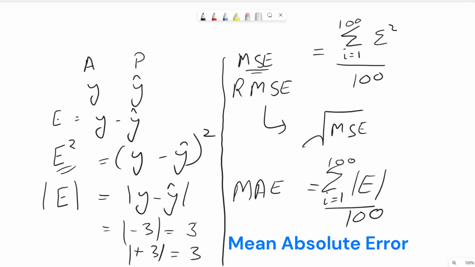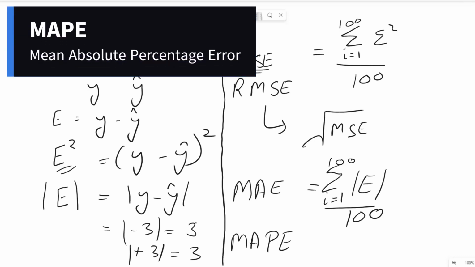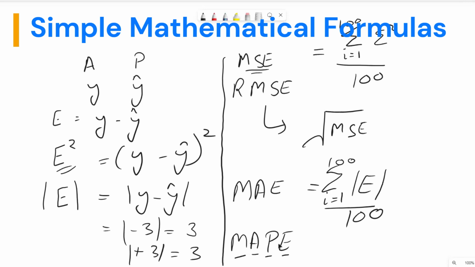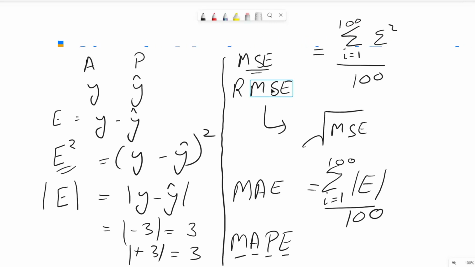That is mean absolute error. There is also something known as MAPE, mean absolute percentage error. That is another formula. But my intention here, guys, is that these formulas are not complex at all. MSE, RMSE, MAE, MAPE. If your foundation is clear, you can write these formulas. MSE and RMSE are the two most important formulas for error.